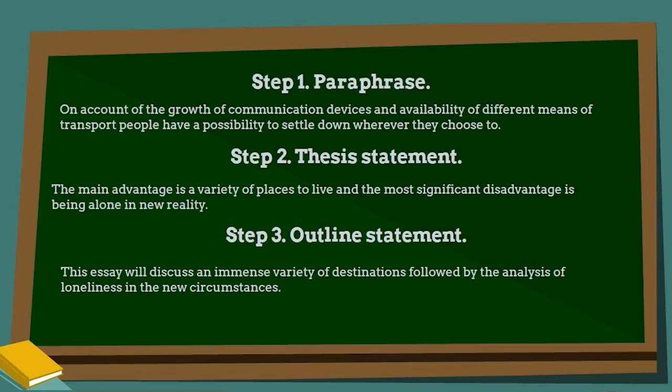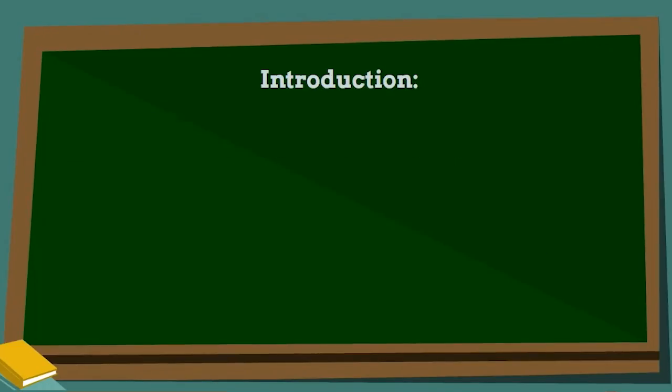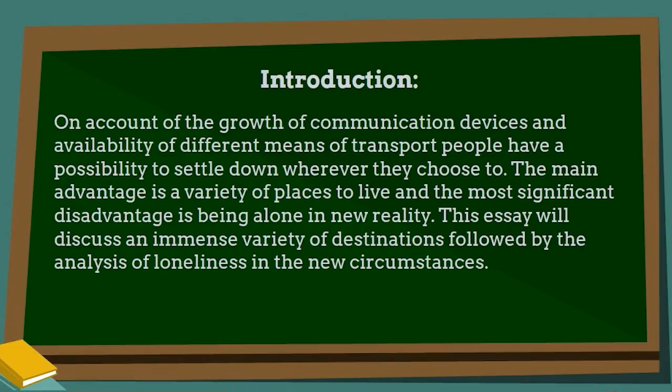Let's look at the whole introduction. On account of the growth of communication devices and availability of different means of transport, people have a possibility to settle down whenever they choose to. The main advantage is a variety of places to live, and the most significant disadvantage is being alone in new reality. This essay will discuss an immense variety of destinations, followed by the analysis of loneliness in the new circumstances.